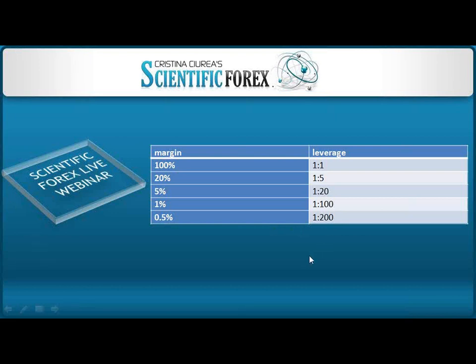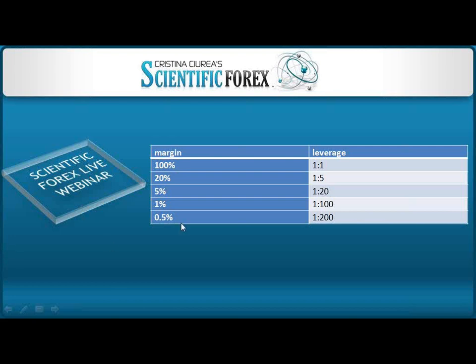Why is this margin important? Actually, in every business, we are calculating the yield of the investment. The yield is the ratio between the profit we are making and the money we are investing.